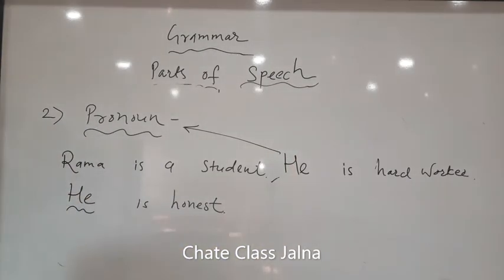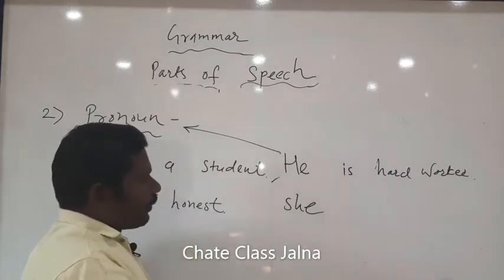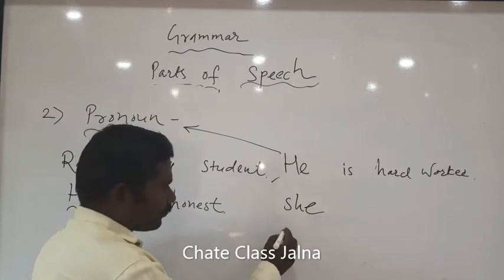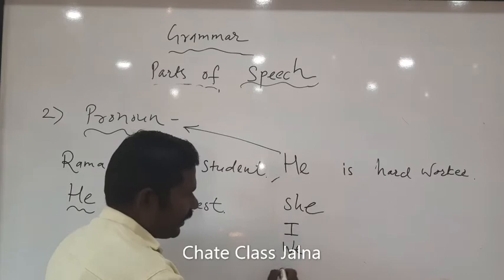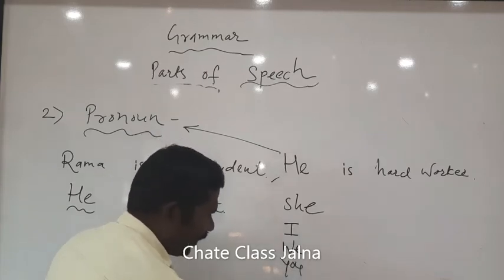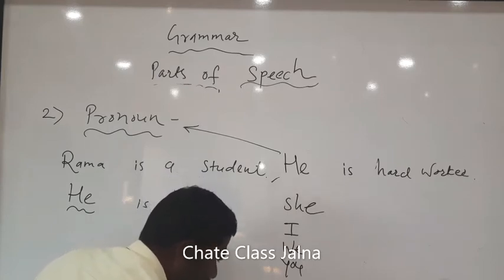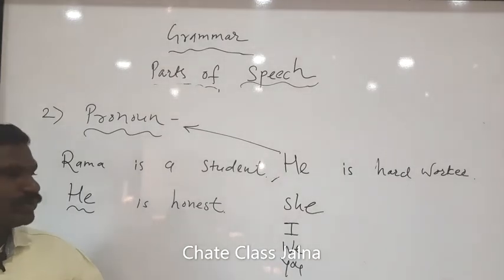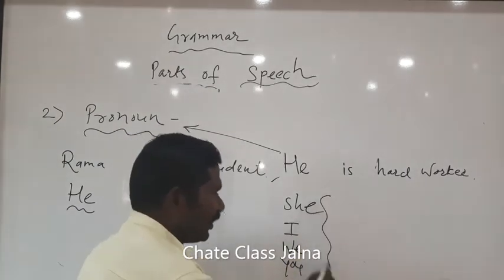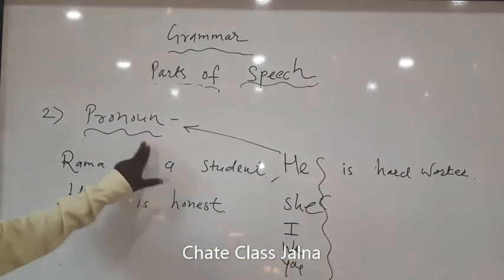Similarly, for a girl, we would use she. Sometimes we use I, we, you, he, she, it, they. These are the words we use to avoid repetition of nouns, and that's why they are called pronouns.